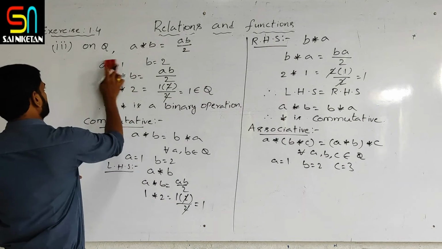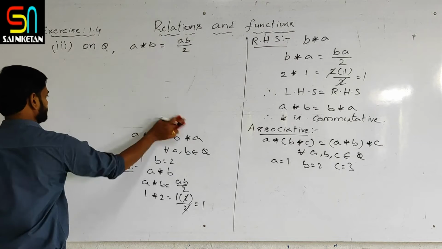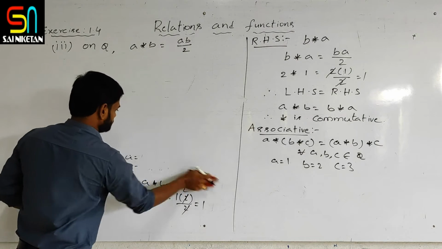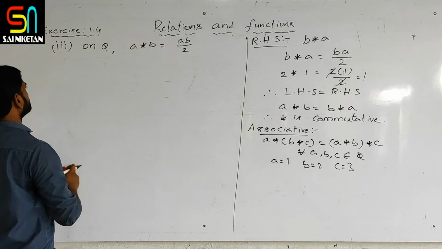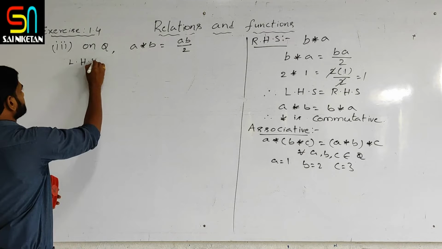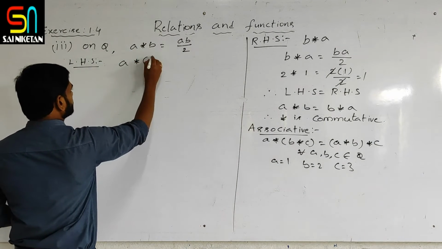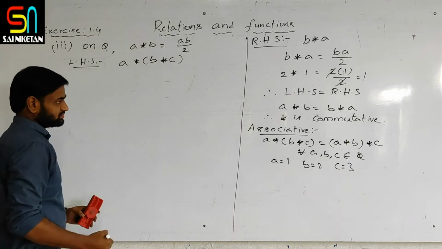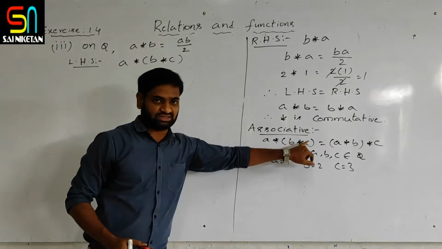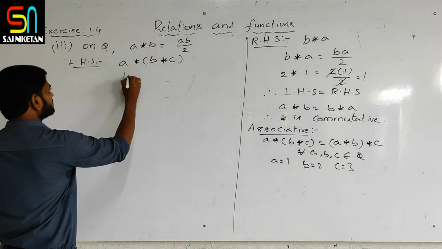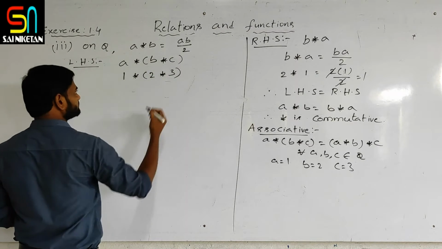Now first I am taking LHS part. What is the LHS part? A star of B star C. Now just substitute the values. What is the A, what is the B, what is the C? Here A is 1 star, B is 2 star, C is 3.